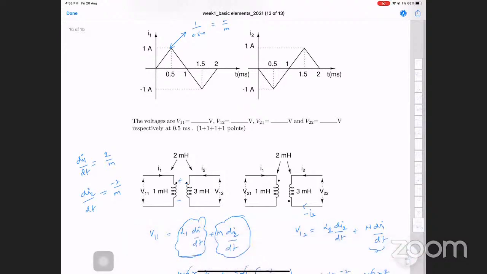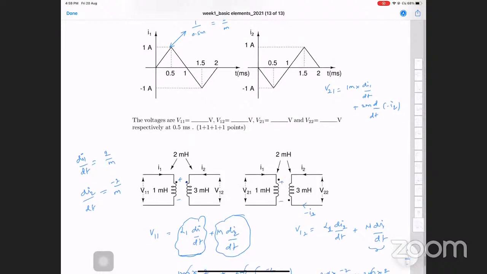Let me write it more clearly so that you can follow step by step. I'm interested in solving V21. So V21 is equal to 1 milli times di1 by dt plus 2 millihenry times d by dt of minus I2, because the current entering the dotted terminal should be taken so that it adds with its self-induced voltage.